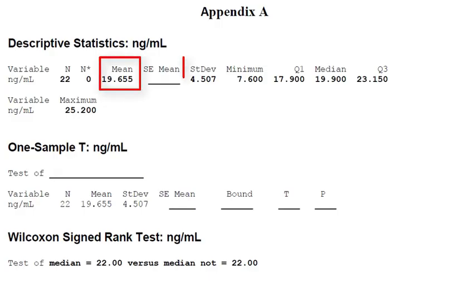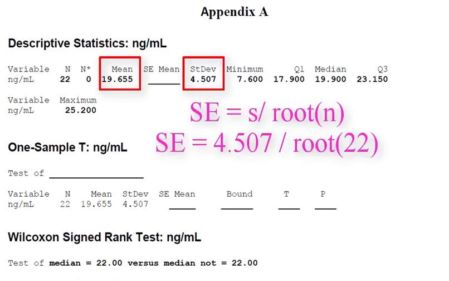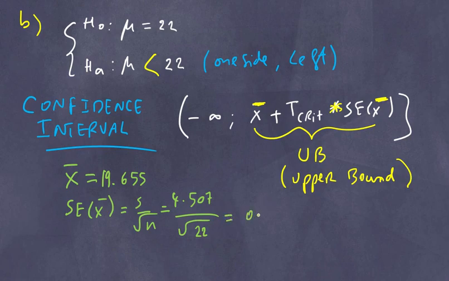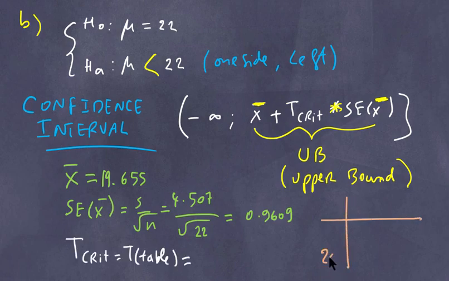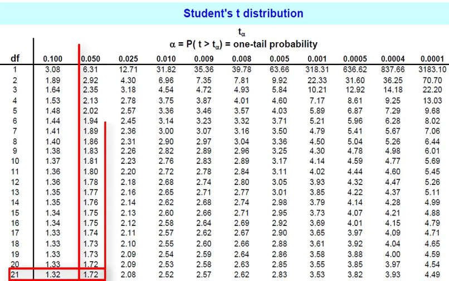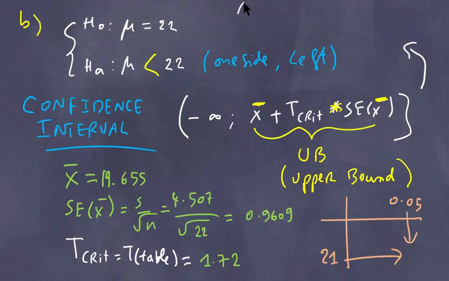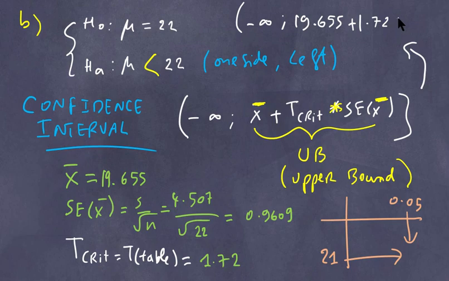The standard error is 4.507 over the square root of 22, which is 0.9609, and t crit from the t table, 21 degrees of freedom at alpha equals 0.05, is 1.72. So 19.655 plus 1.72 times 0.9609 is 21.31.